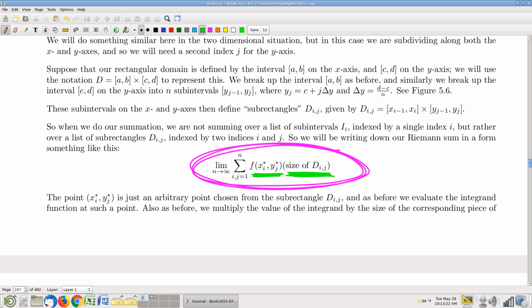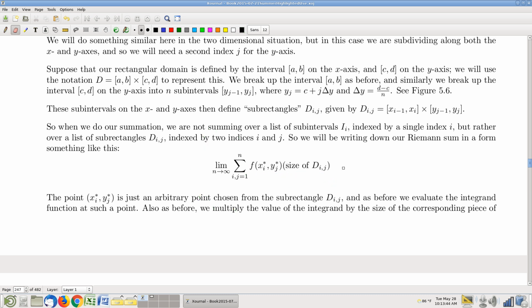And we're multiplying by the size of our new sliced-up piece of the domain, size now being area instead of length. We've already argued that when you add that up over all the pieces, round-off error acknowledged, disappearing in the limit, you should get the total volume in question.